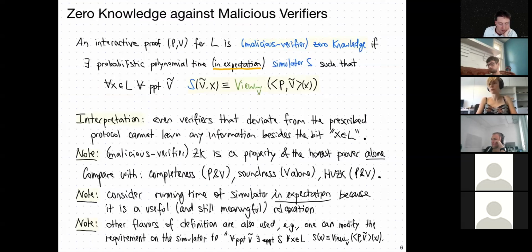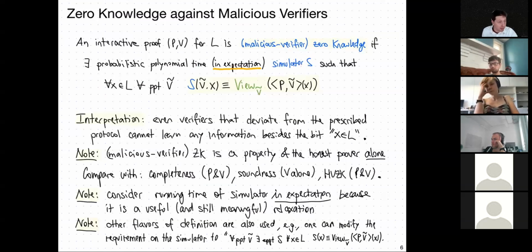Is that still zero knowledge? Again, the verifier is bounded to be in strict polynomial time, so whatever you do will always finish in polynomial time on every coin toss. It might take exponential time to simulate, right? But it could take exponential time for the simulator to run. Okay, so you're asking about the simulator, sorry.